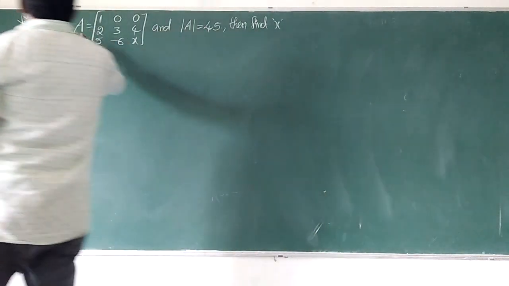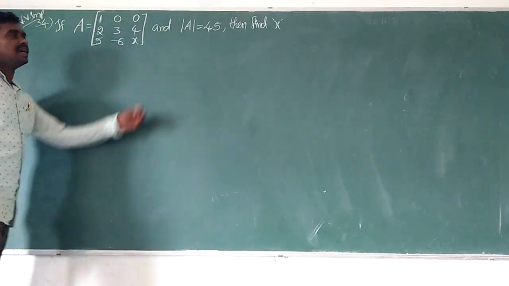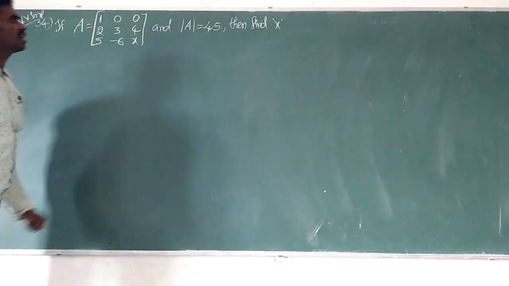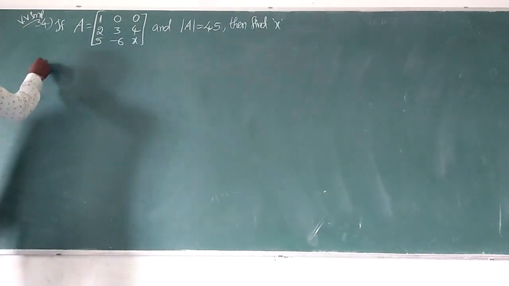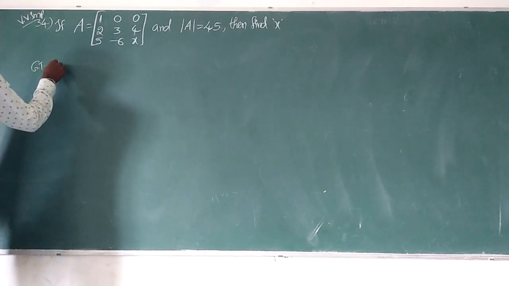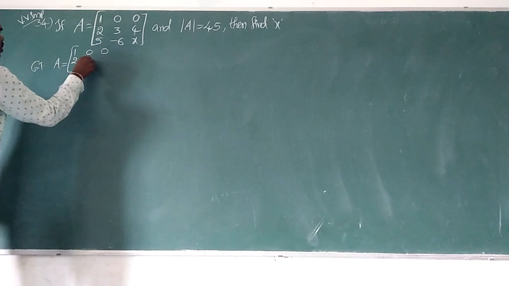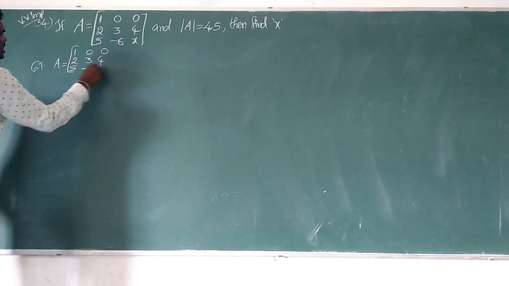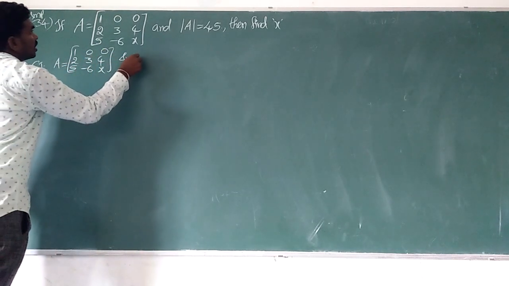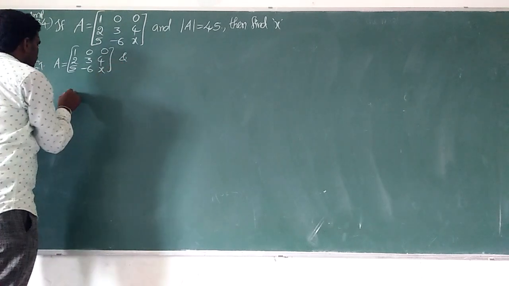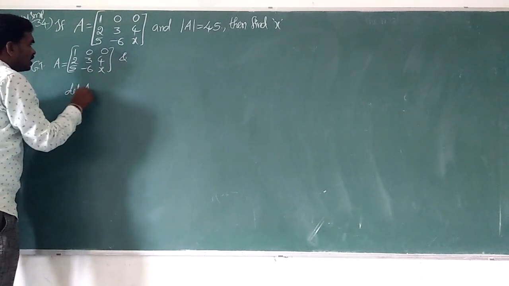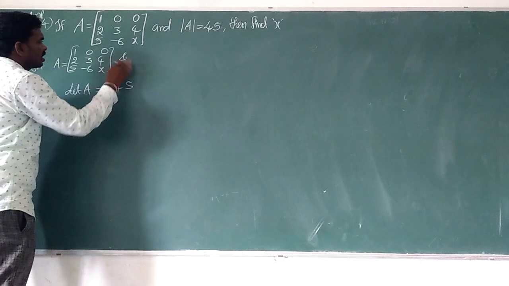Okay. What is given? Matrix A is given and the determinant of A is 45, and we have to find the x value. So first of all, given that matrix A equals [1 0 0; 2 3 4; 5 -6 x], and det A equals 45 is given.